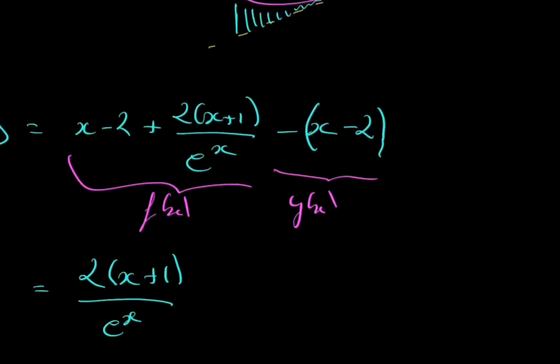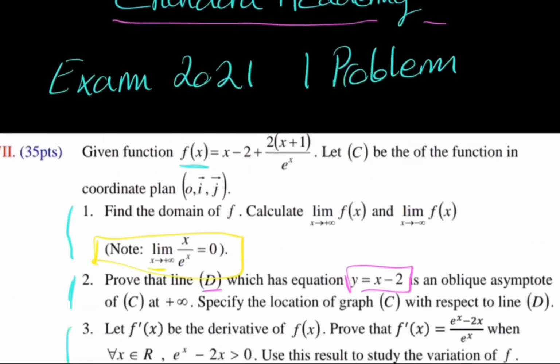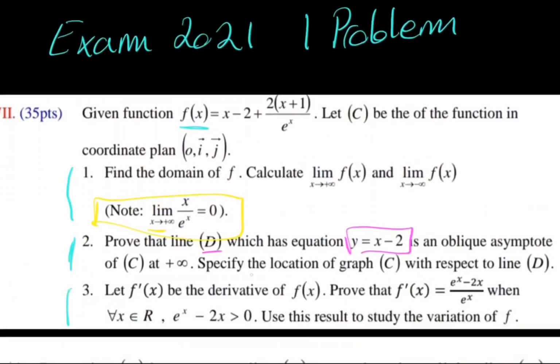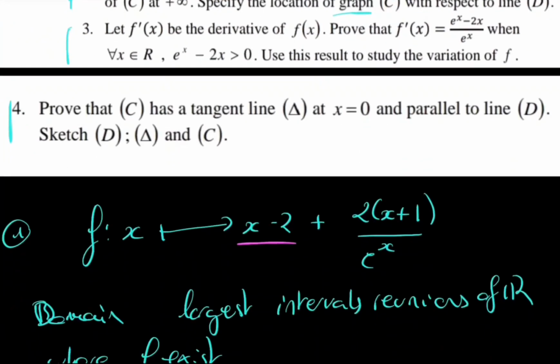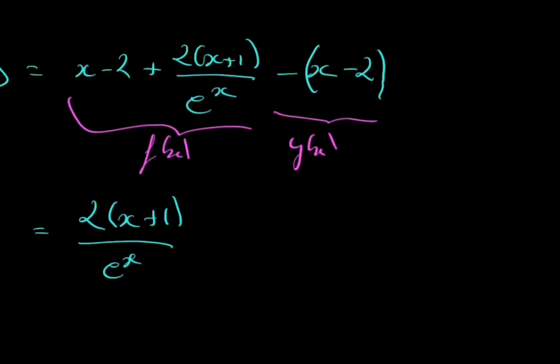And we can see that firstly we wanted to know the location of the graph with respect to the line. So we're doing something like f minus y. So we've got this thing that is strictly superior to 0 when x is strictly superior to 0.